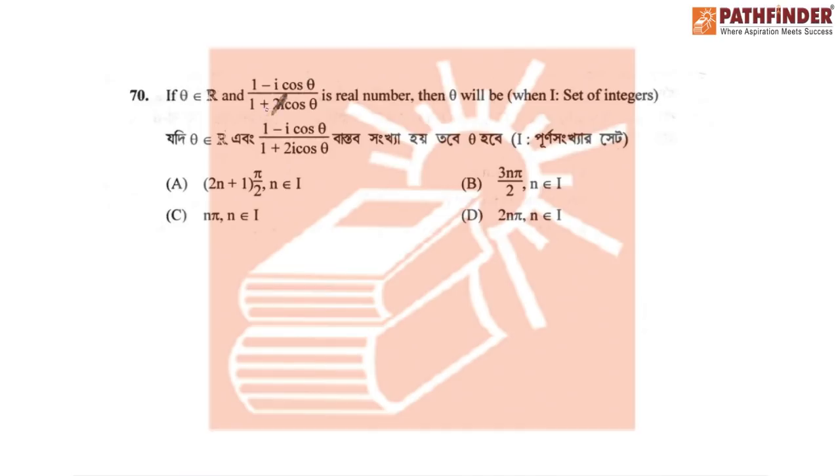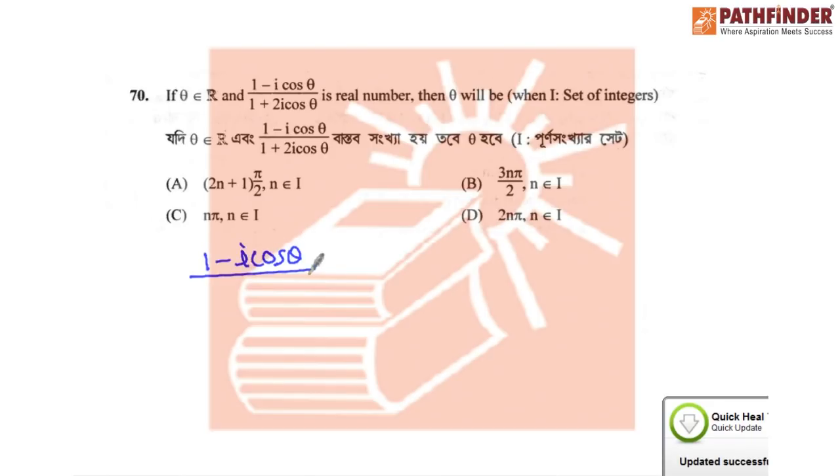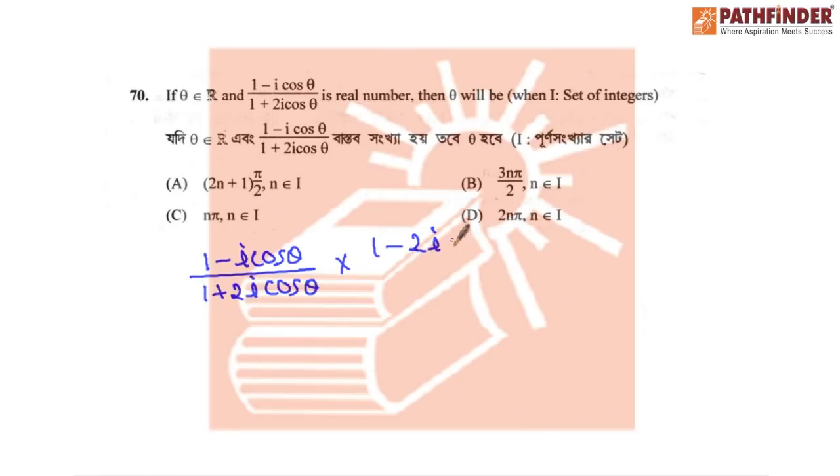1 minus i cos theta by 1 plus 2i cos theta is a real number. So we'll multiply with the conjugate of denominator. 1 minus i cos theta by 1 plus 2i cos theta into 1 minus 2i cos theta by 1 minus 2i cos theta.